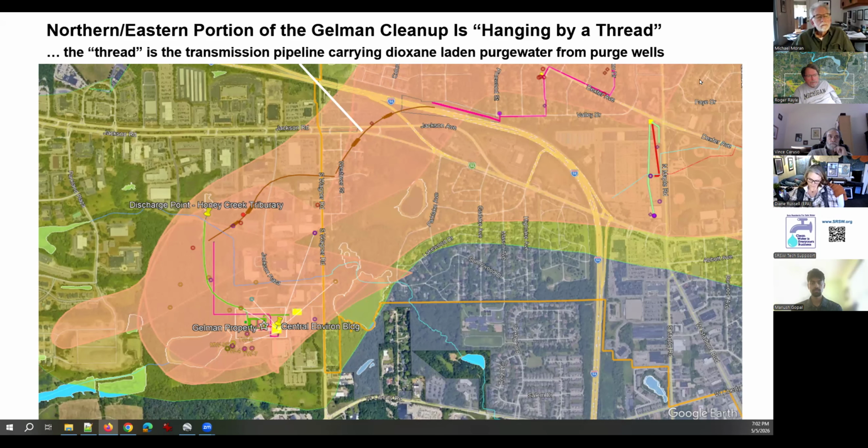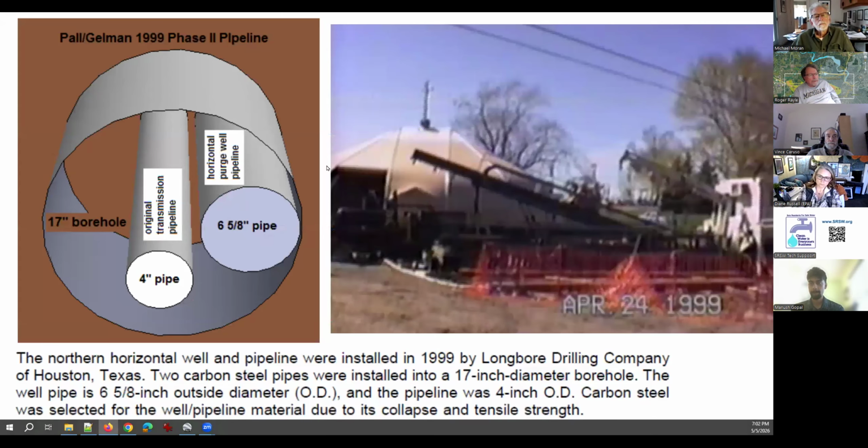All of the remediation going on to the north in Evergreen and to the east at Maple Road, the purge water is being routed back through near-surface pipelines and then down through a deeper pipeline back to the core. The portion of the pipeline to the north has already had a failure when it was running alongside a 17-inch borehole.